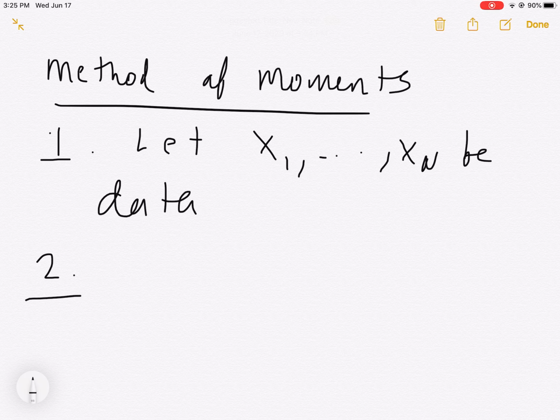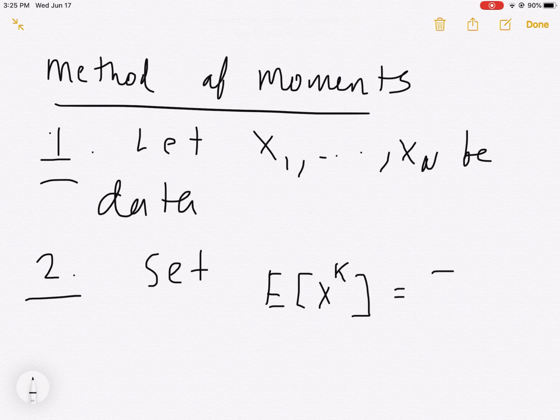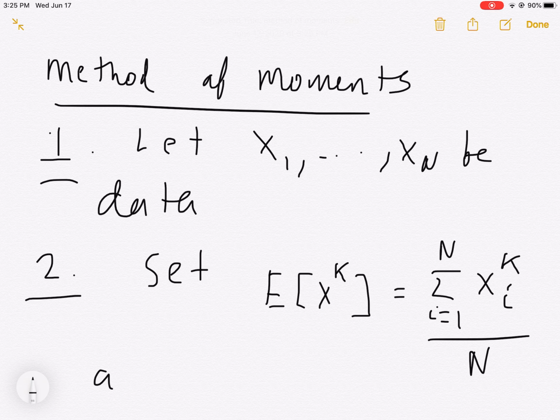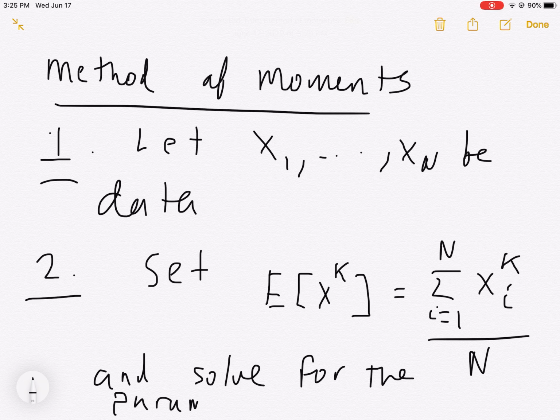And the second is to set E[X^k] equal to the summation of x sub i to the kth power, from i equals 1 to n, divided by n, and solve for the parameter of interest.